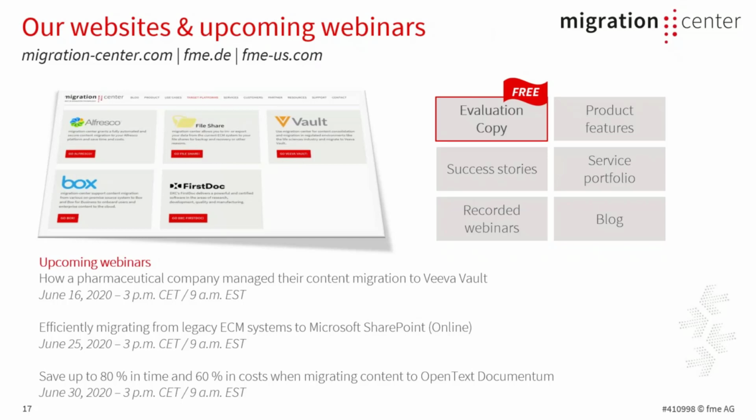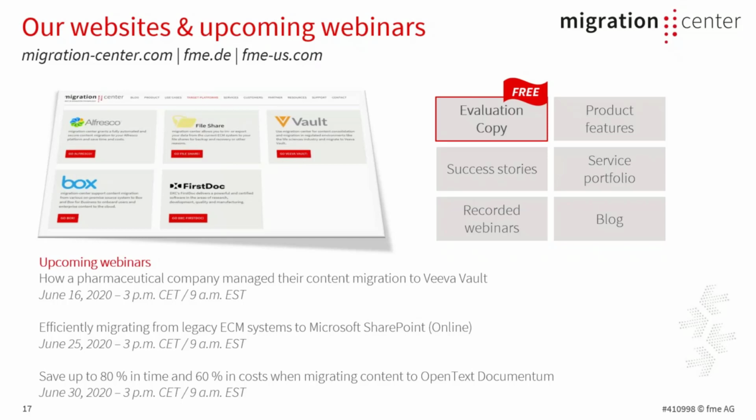On there, you find more in-depth product features, different case studies, success stories from former customers, our service portfolio, and of course, some recorded webinars, a content migration blog, which is very interesting, but most importantly, our free evaluation copy with which you can try out Migration Center for a 14-day period.